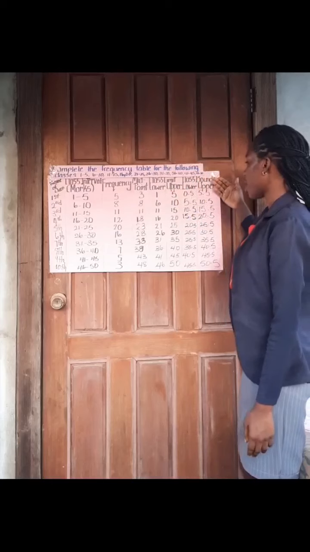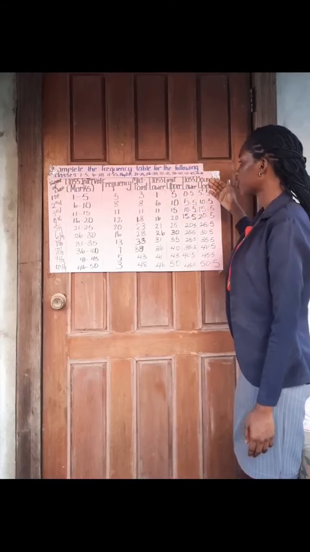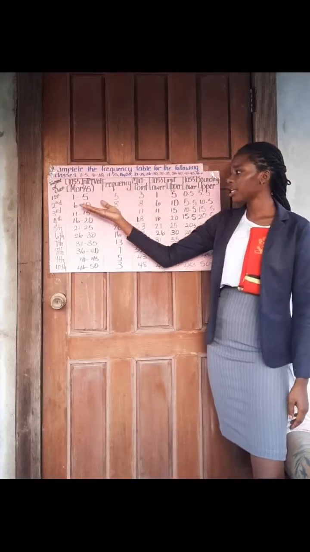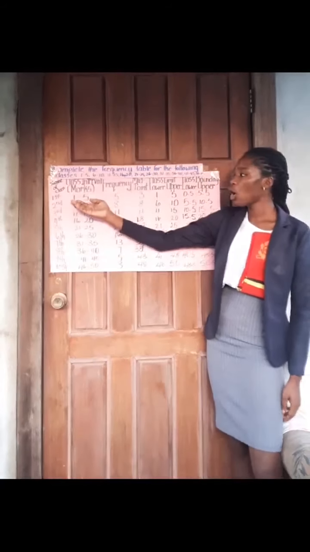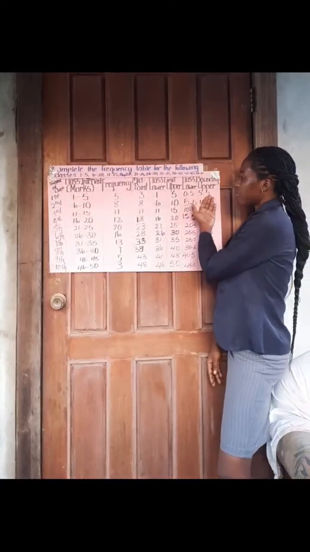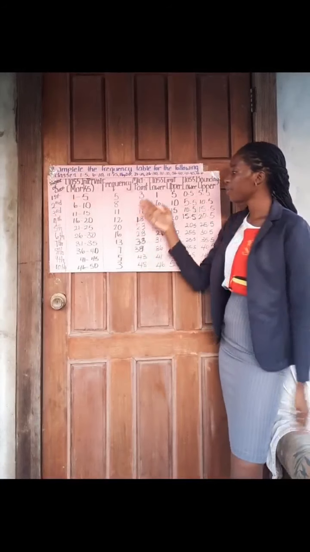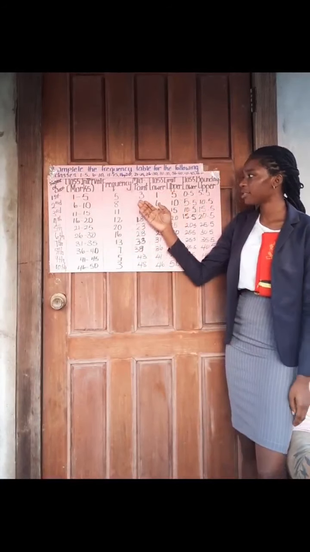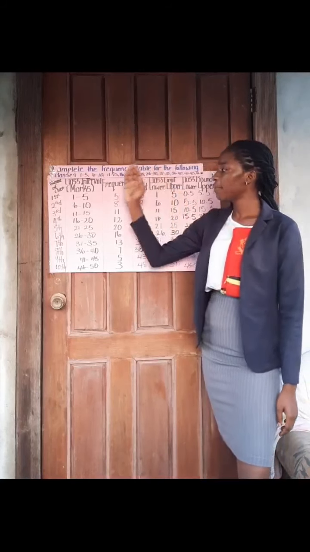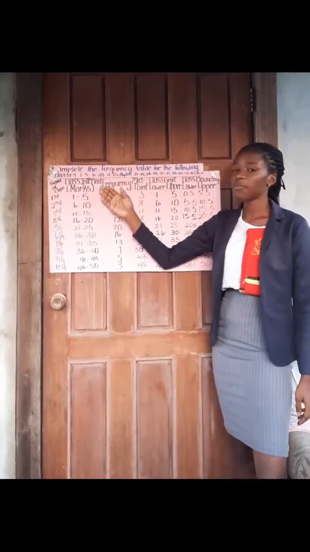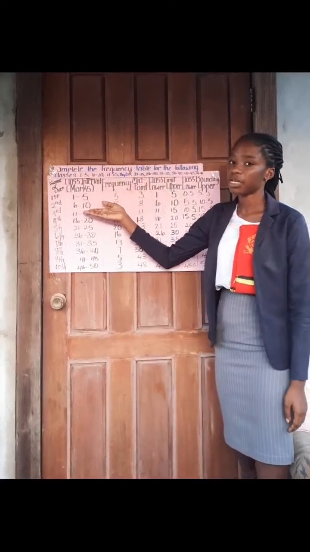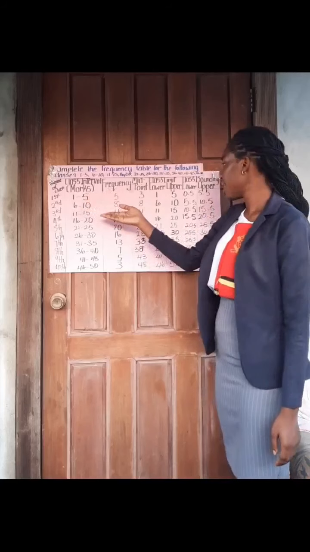We also have our class boundary. For our midpoint, we can either add our class interval or our class boundary, and we will have the same answer. Our class limit is the minimum and maximum value that our class interval can obtain.